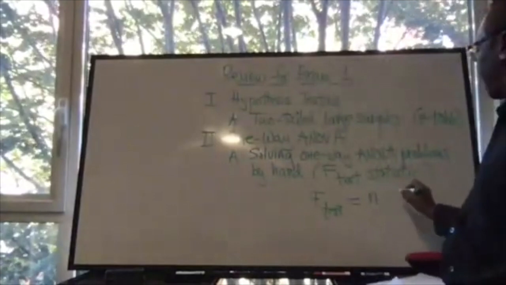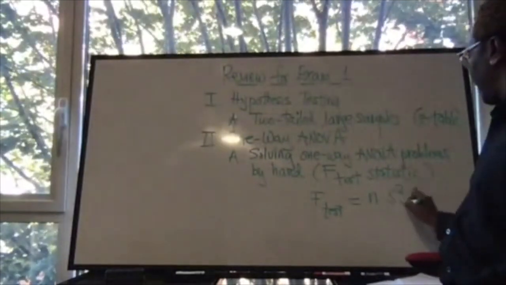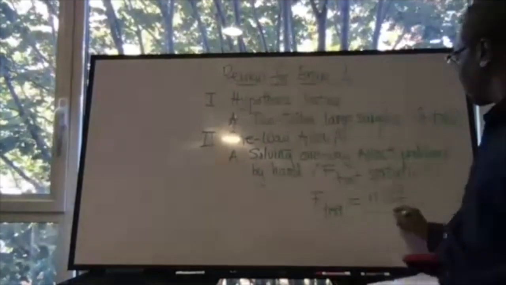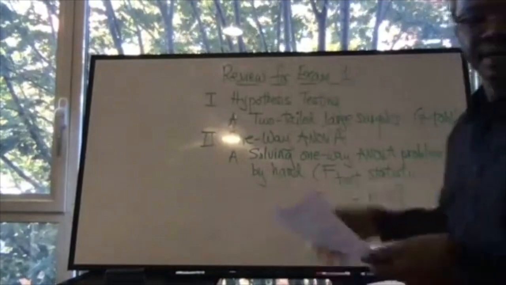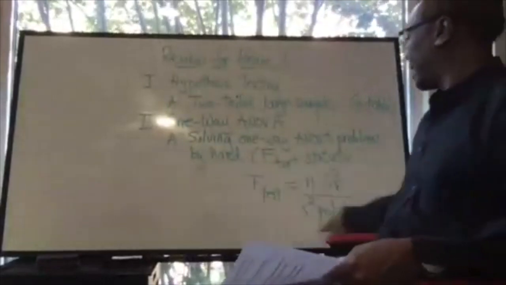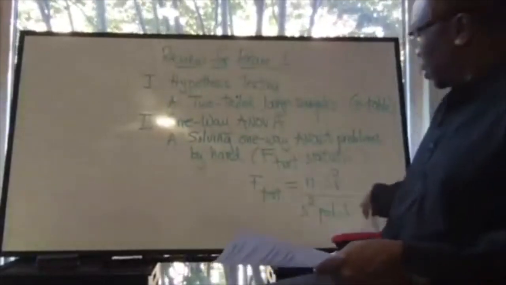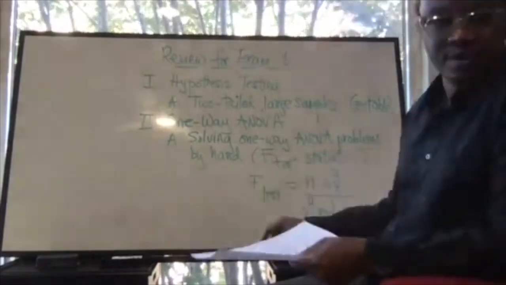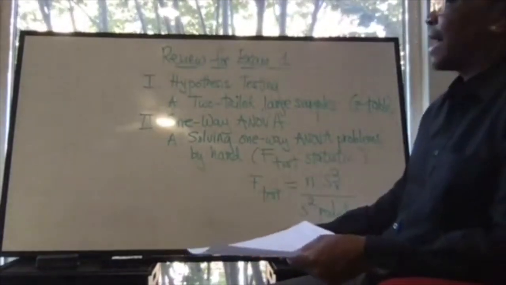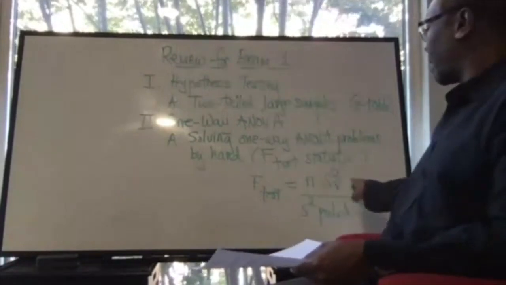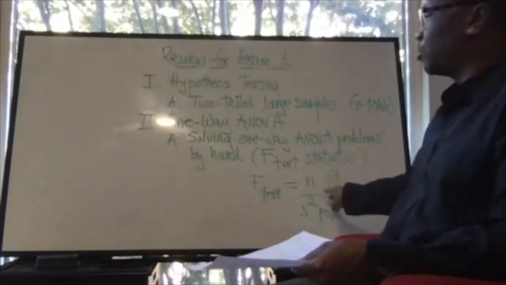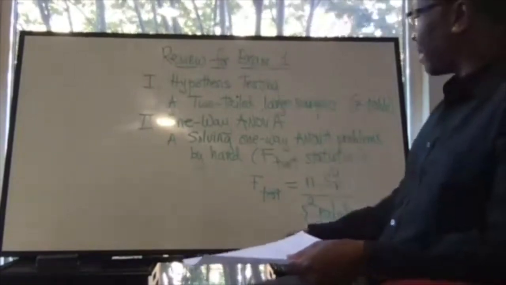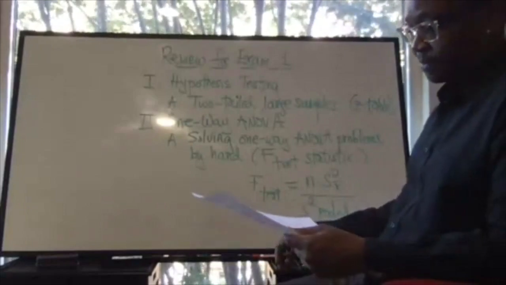So this tells you how to calculate the F-test statistic. So you want to make sure you know how to do this by hand. It's a grueling process, but we went over how to do that, especially with this part right here, S squared sub X bar. So if you're still struggling with how to do that, you want to make sure you go back and force yourself to do a problem like that, because you're definitely going to see that on the exam.